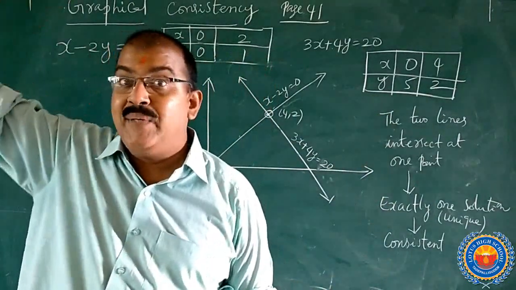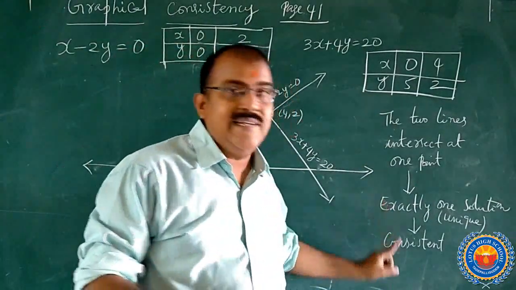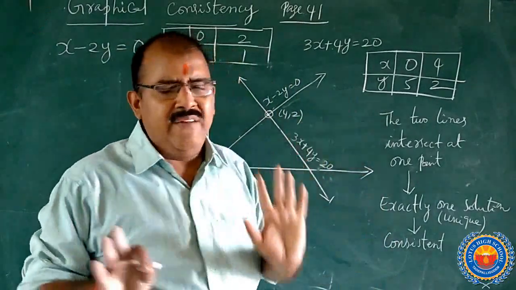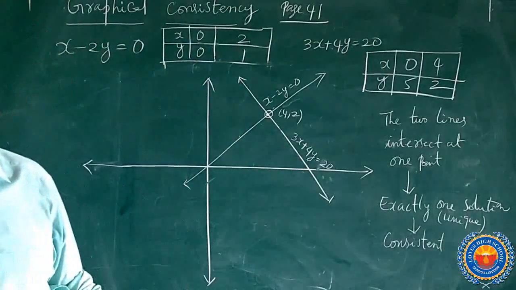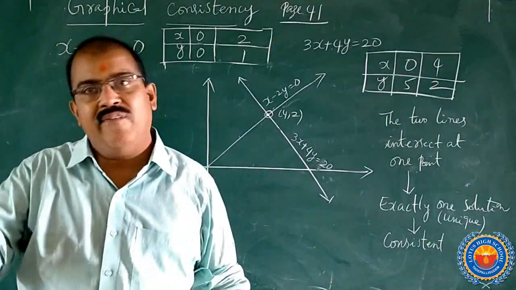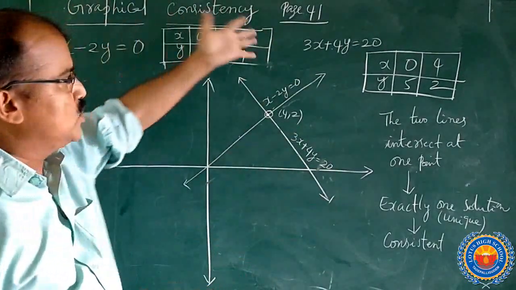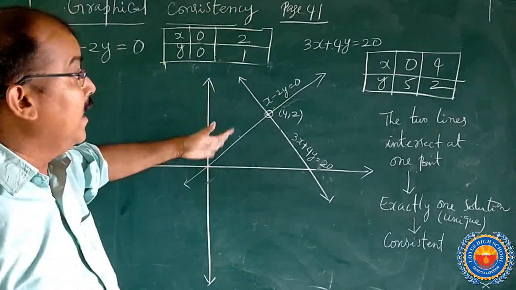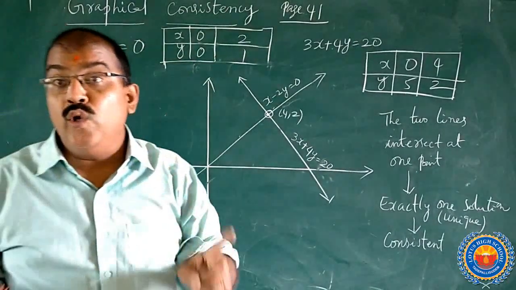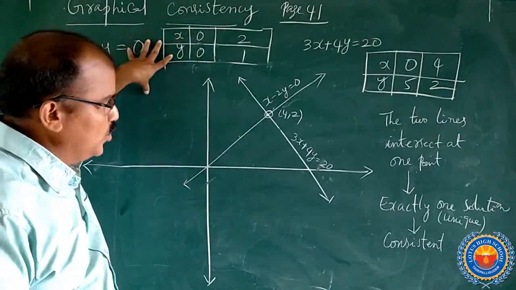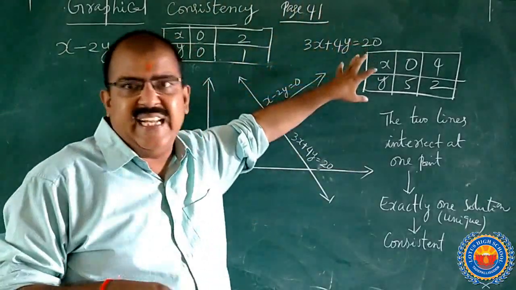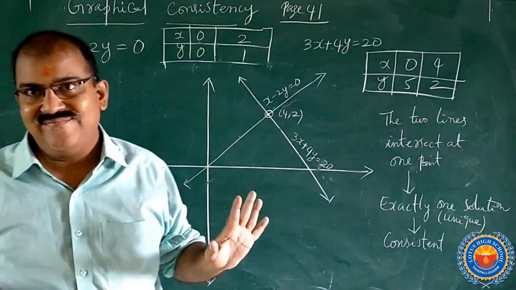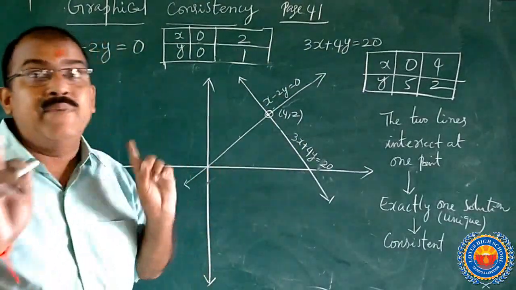Already you know the algebraic conditions. If it is a unique solution, consistent. Very, very important. Graphically, take these two equations, any equations from the textbook. Find the solutions for the first equation, find the solutions for the second equation, and draw the graph on the same graph paper.